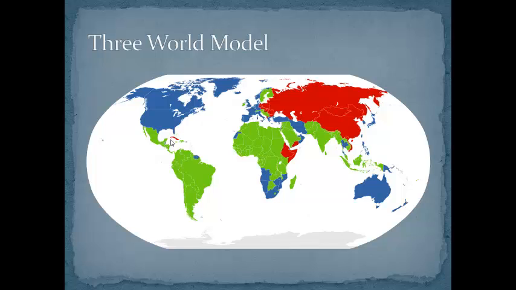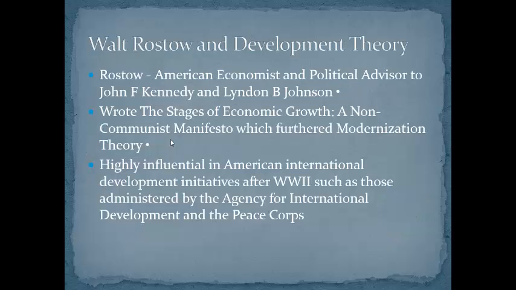But they didn't want these other countries to fall to communism. That's why the U.S. was involved in Vietnam for so long. They didn't want Vietnam to fall to communism. Or the U.S. involvement in the Korean War. They didn't want Korea to fall to communism.